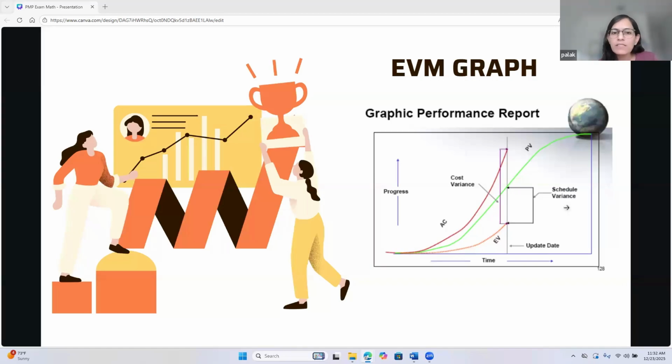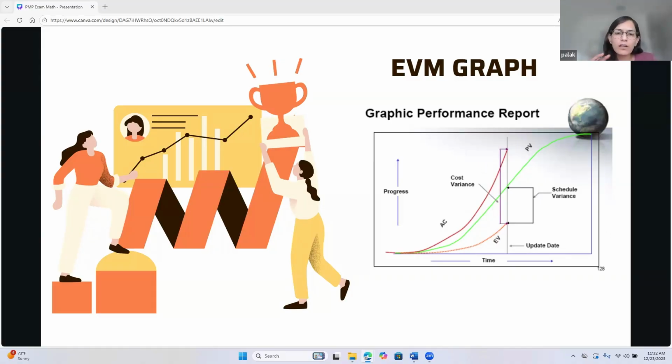Now if we do AC versus EV, AC is also higher in this case. So the actual cost spent for the project is more than what is actually done, what is earned for the project. So EV minus AC will also be negative. If you see that purple bracket, that is the cost variance. Since it's negative, that means it's over budget.